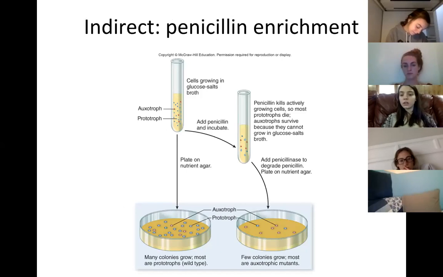So what you see here is that you take your 2 bacteria and you put them into a glucose salt broth, right? So this is just like the plate, that minimal media plate. This is a minimal media broth. And so what you do is you then take a sample of this, and you can put it directly on a plate like you did before.